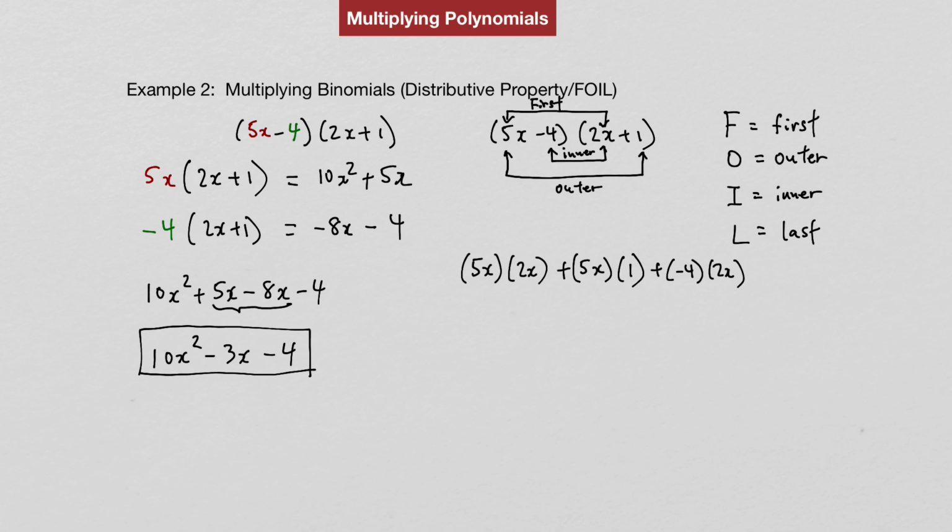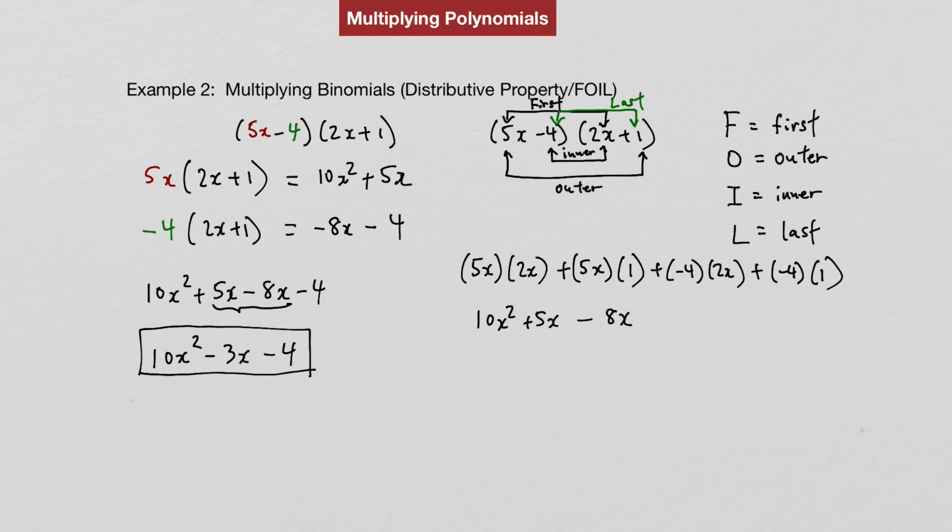We're going to label it like this, last term in green. So this is my last term, and that would be negative 4 times 1.